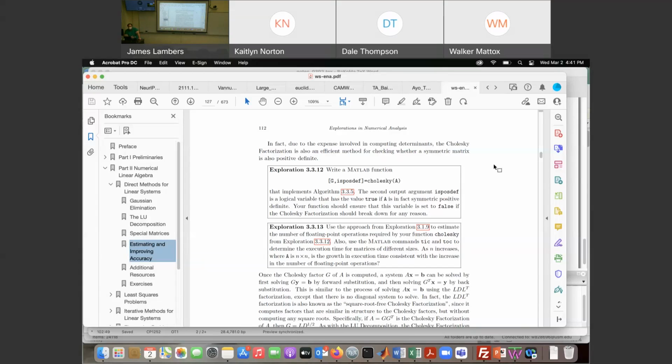So it'll fail gracefully, which is different behavior than what MATLAB does, where the chol function will just bomb. Okay. Thank you.